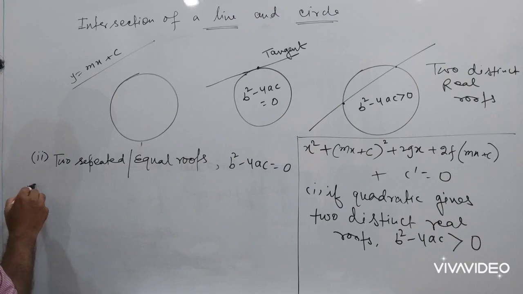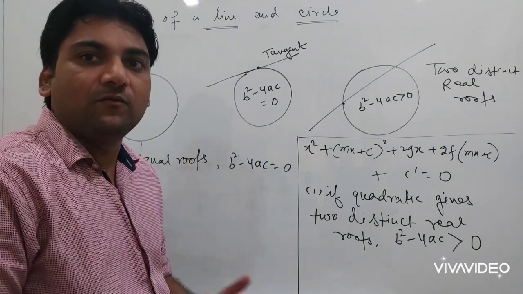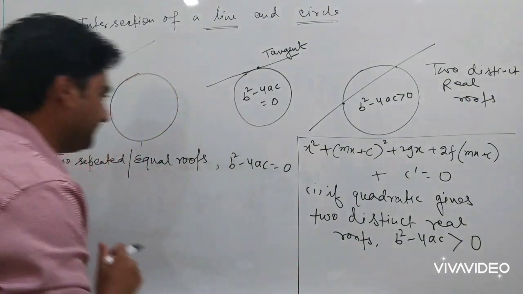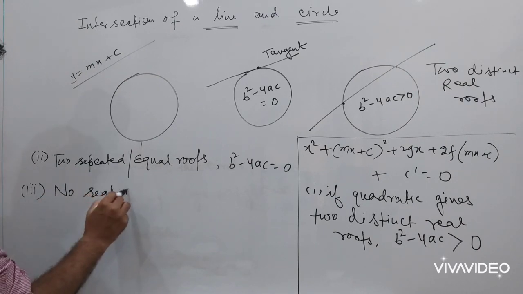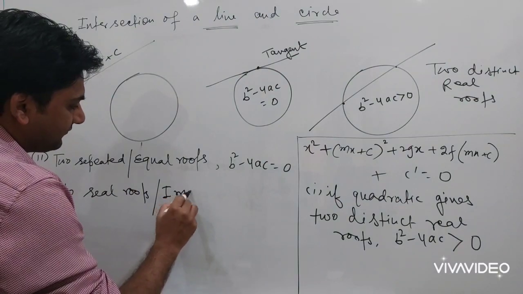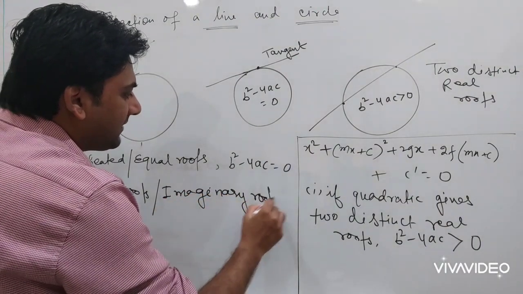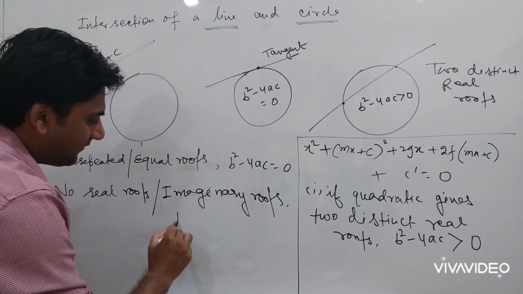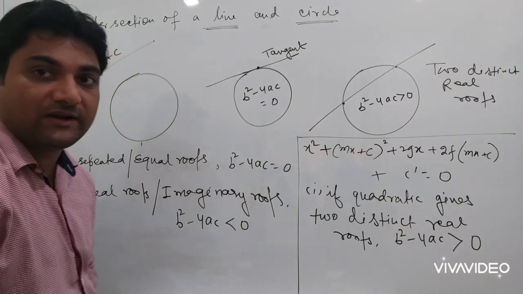Now third case. This quadratic may not give you any real roots, or we call it imaginary roots. For that, our condition was b square minus 4ac less than 0, right?